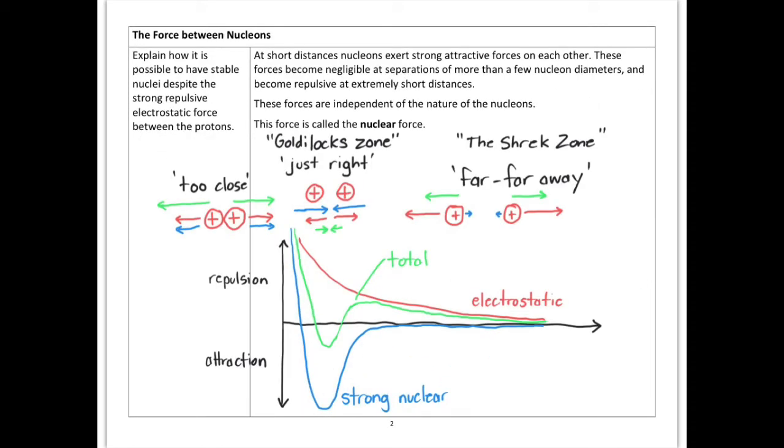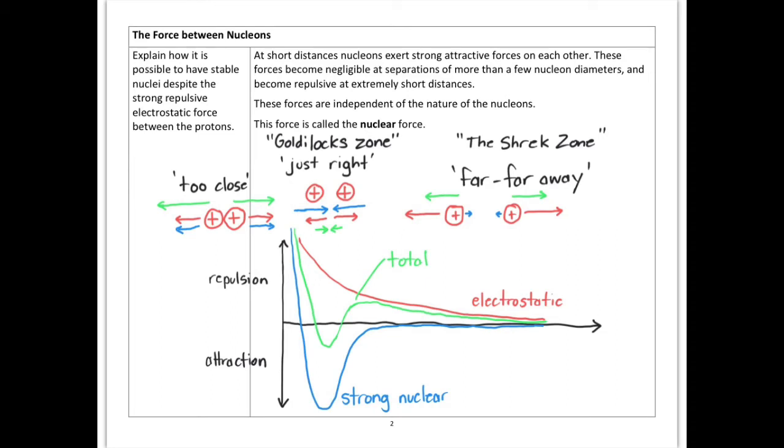Okay, into some more interesting stuff. Up until this point, we have really only learnt about 2 forces. We've learnt about gravity, which is a very weak force that pulls all masses together. And then we have learnt about the electrostatic force, which tells us like charges should repel.